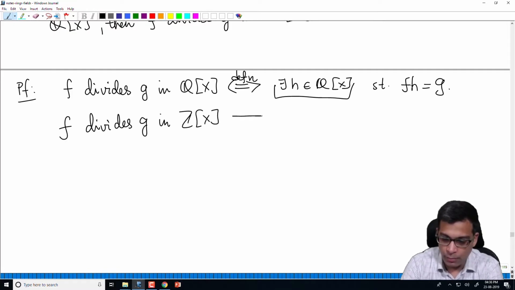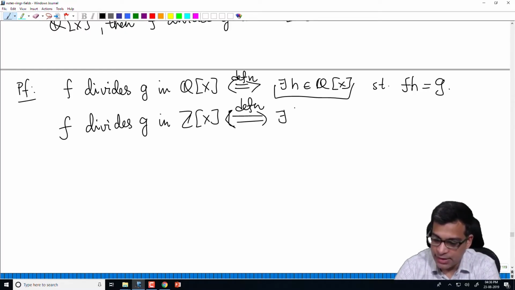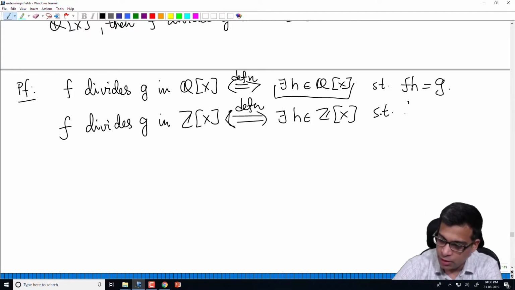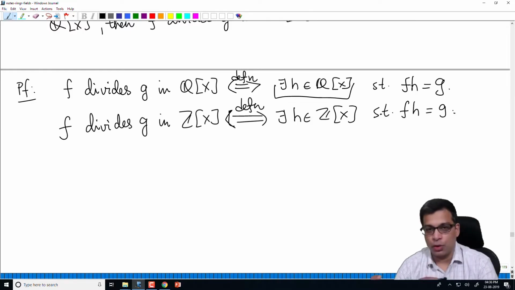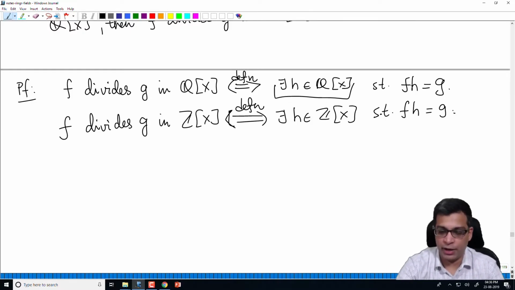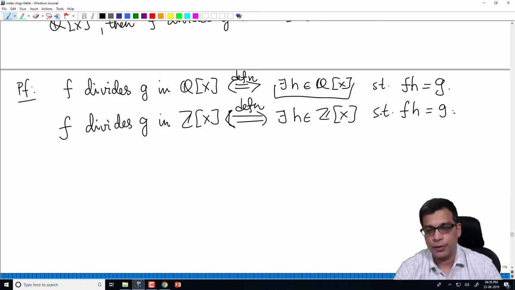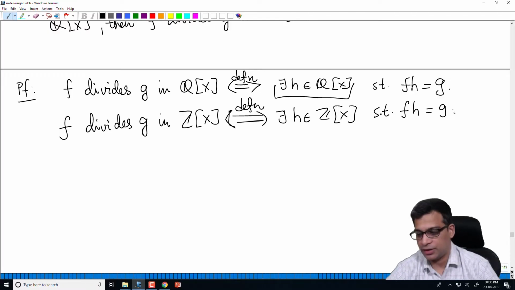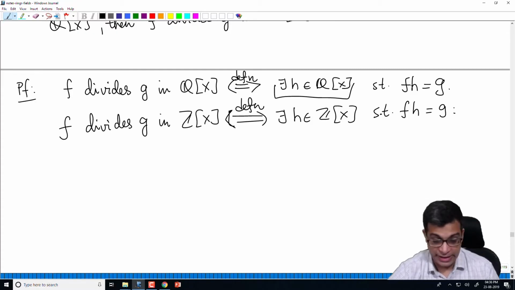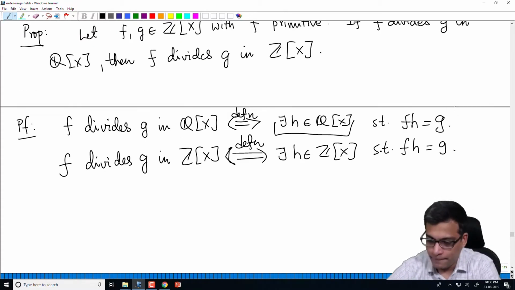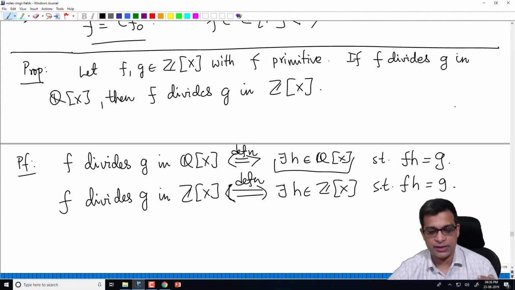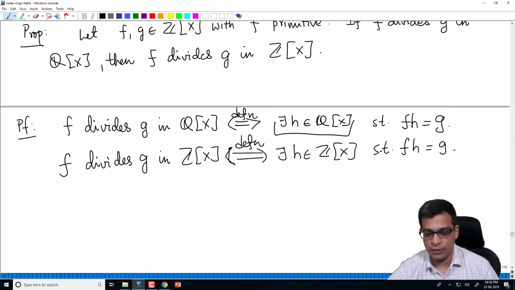By definition, this means there exists h, possibly different, in Z[x] such that fh is equal to g. So the crucial difference between dividing in Q[x] and Z[x] is that this h may live only in Q[x]. In this case, we only say f divides g in Q[x], but if it also lives in Z[x], we say f divides g in Z[x]. This is a very easy proof, but the main thing to keep in mind is the difference between division in Q[x] and division in Z[x].